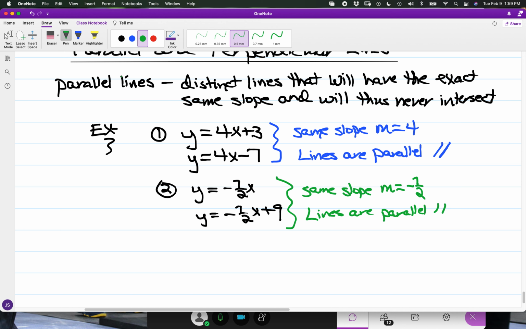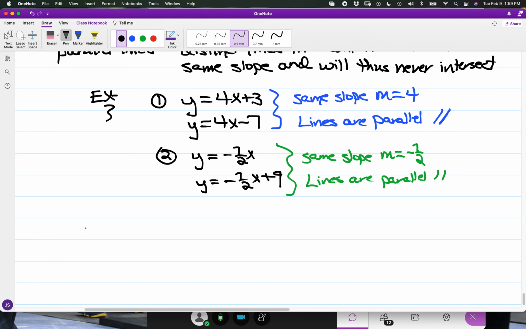Now, in the case of the other type of relation, parallel lines go in the same direction but never come to a meeting point. For perpendicular lines, those lines are going to meet. Those lines are going to meet at a right, or 90-degree, angle.